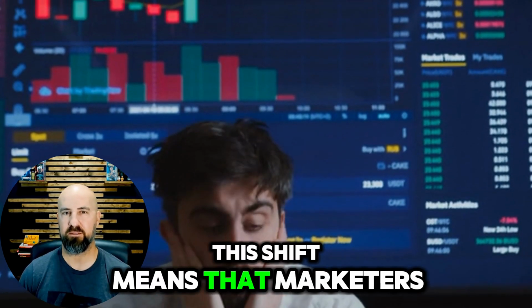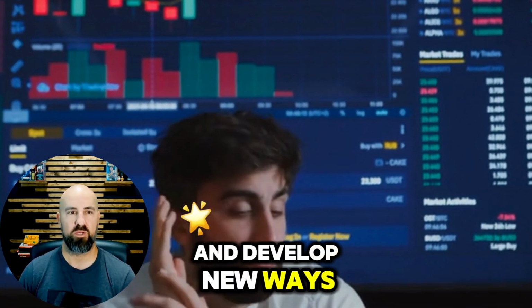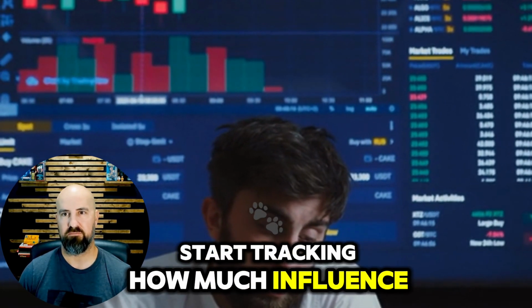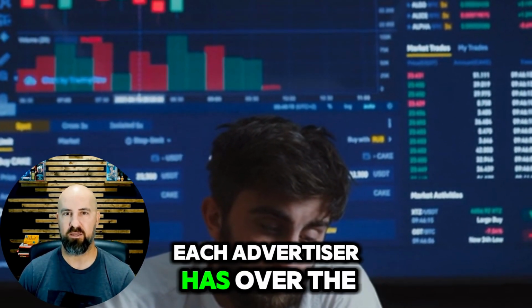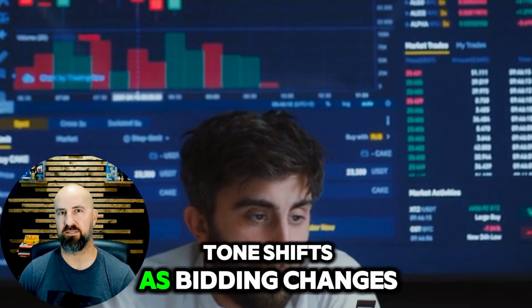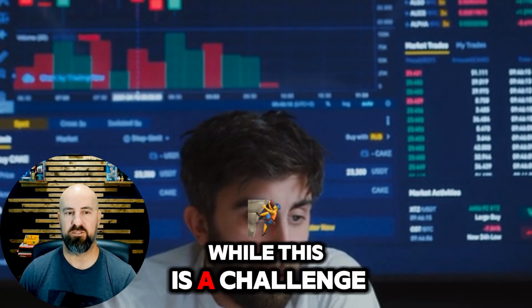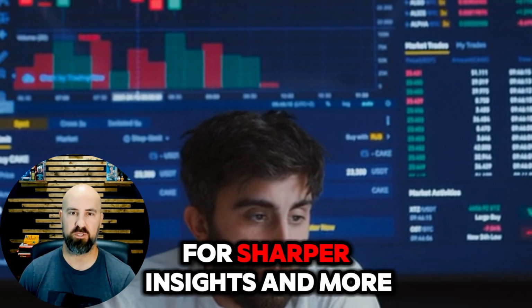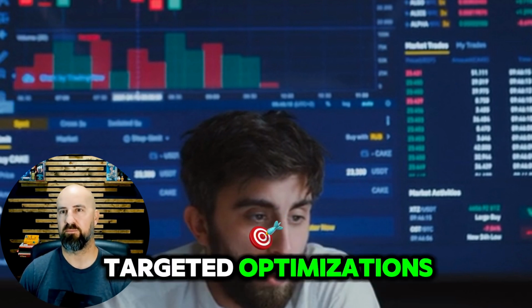This shift means that marketers must adapt and develop new ways of measuring ad performance. They might need to start tracking how much influence each advertiser has over the final output and how quickly the tone shifts as bidding changes. While this is a challenge, it also opens up a range of opportunities for sharper insights and more targeted optimizations.